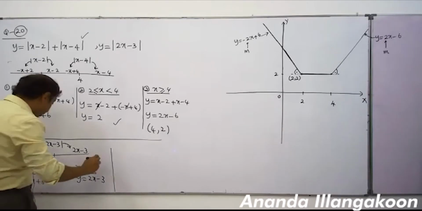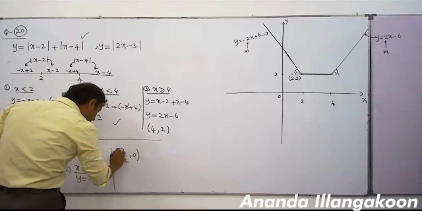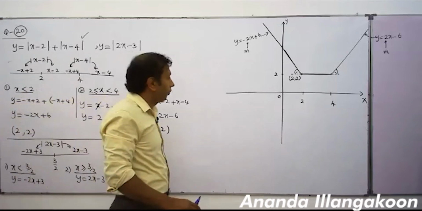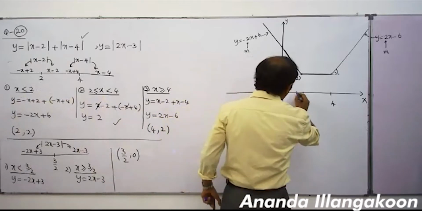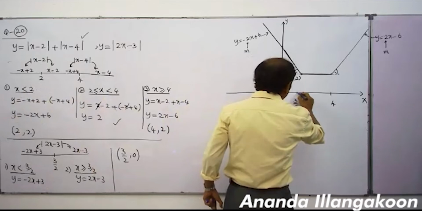Right, so therefore the first point is 3 by 2, 0. Three by 2 means, people, 1.5, no? 1.5 somewhere here. 3 by 2 is one point.